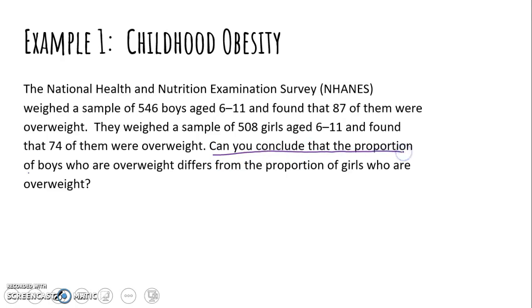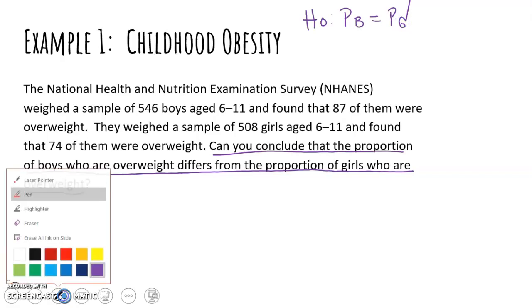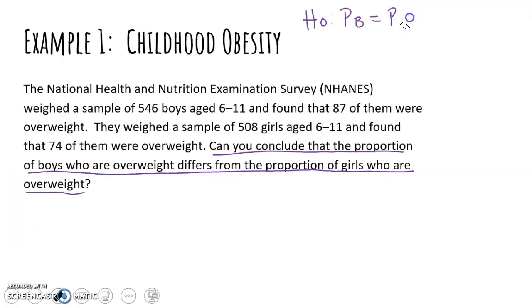So here's our claim. We want to know if the proportion of boys who are overweight is different than the proportion of girls who are overweight. So for my null, proportion of boys is equal to proportion of girls. So we're saying that there's no difference. And for our alternate statement, proportion of boys differs, so not equal to proportion of girls.